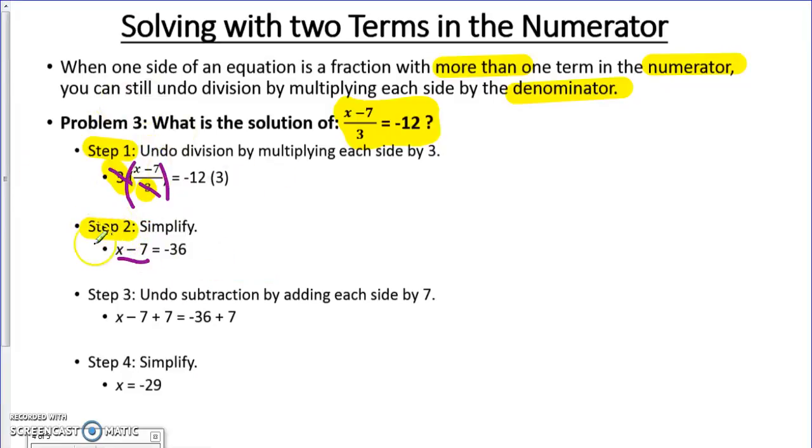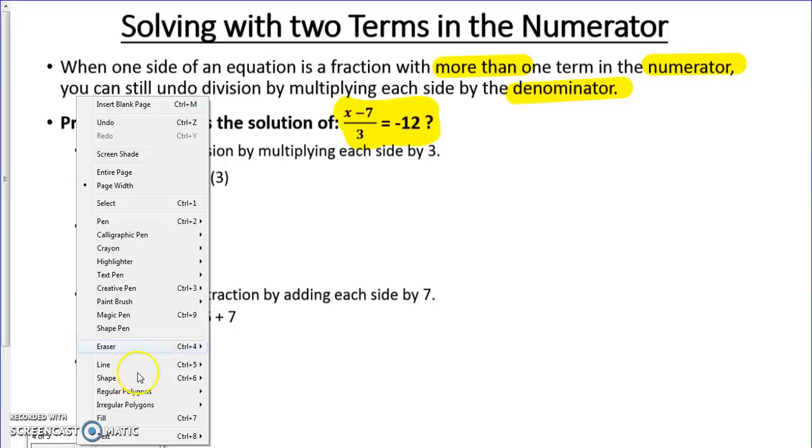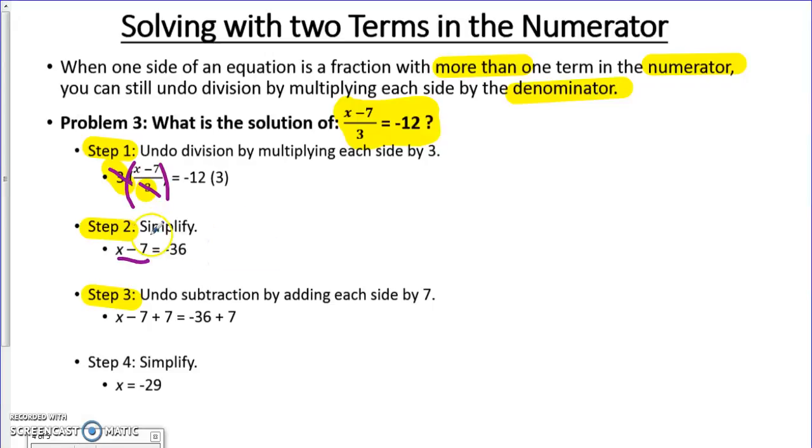Step 2, you're simplifying what we did in step 1. And then step 3, you have to undo subtracting 7, and that would be adding 7. Again, draw your line where the equal sign is, so whatever you do to the left-hand side, do to the right-hand side. This will cancel, and you're left with x equals negative 36 plus 7, which is negative 29.